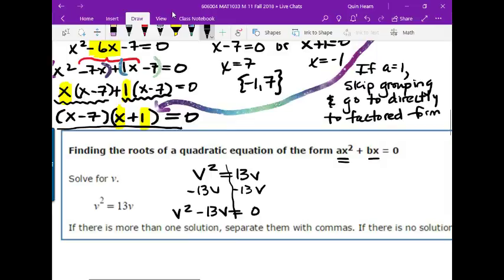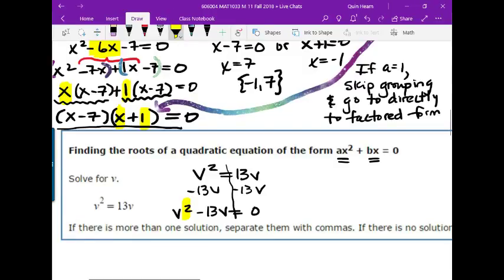That fits the pattern that they're talking about here. Now, a lot of times people recognize that, yes, we have a quadratic equation because we have a power of 2. But they don't know what to do about the fact that there's no third term here. It doesn't look like a trinomial, it looks like a binomial.